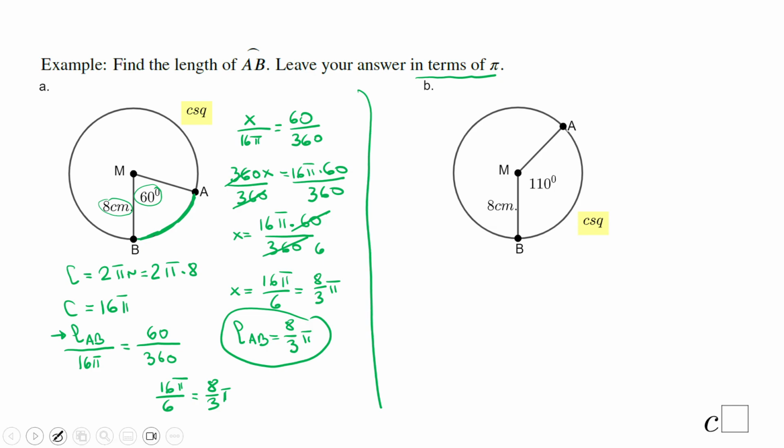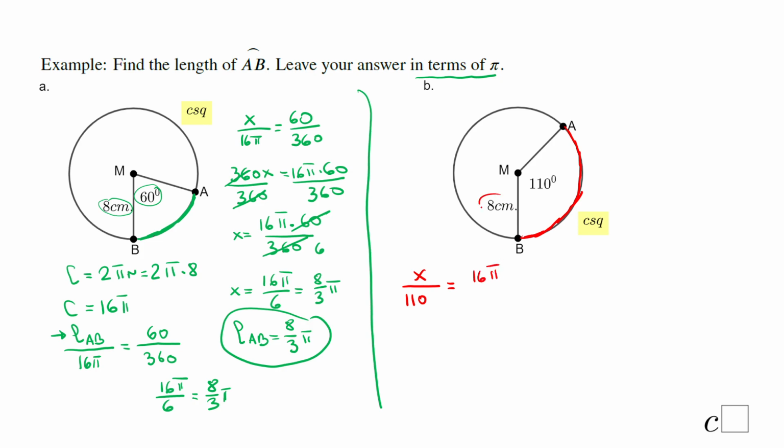And the second one, on the other hand, you want to use proportion, okay? And I'm going to write it in a different way. So again, I need to find the length of arc AB, this arc. Again, I'm going to call it x over 110. So you see, I switch the way I'm writing the proportion. I go, hey, the length of the arc over the corresponding angle equals the circumference, which is 16 pi, right?